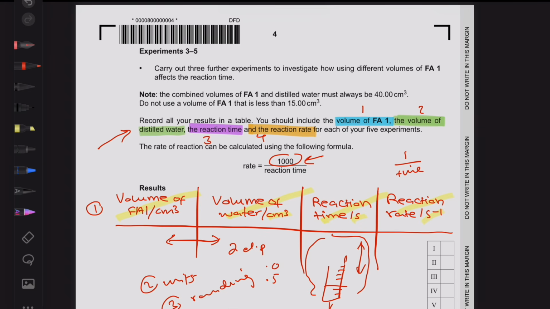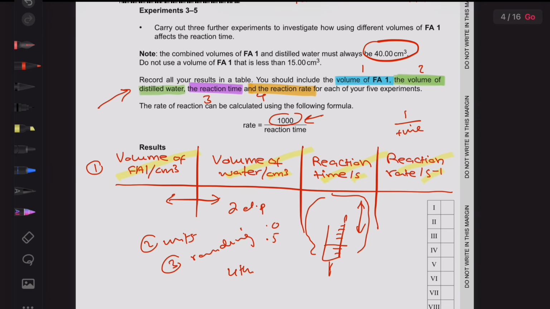4th mark was for being reasonable with the range of dilution. So obviously you need to make it up to 40 centimeters cubed in this case. If you add 1 centimeter cubed of distilled water and 39 centimeters cubed of FA1, that would be very unreasonable. So you wouldn't get the mark in that case. Another mark for the rates being to the nearest 2 to 4 significant figures.